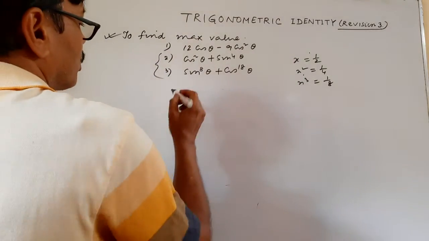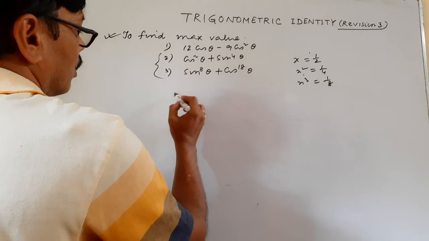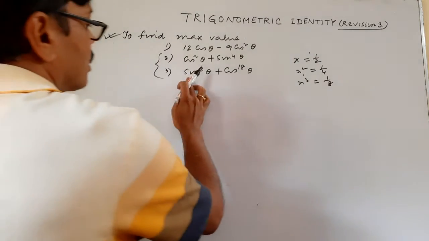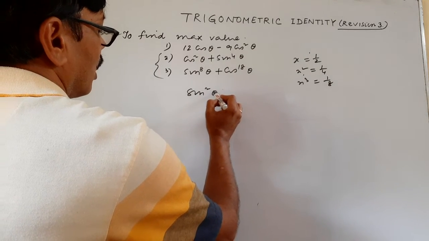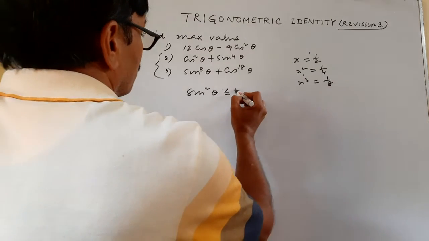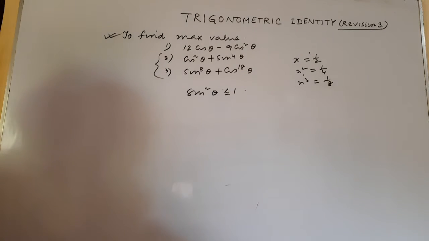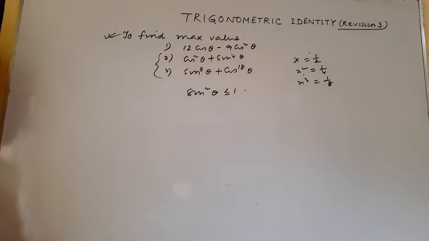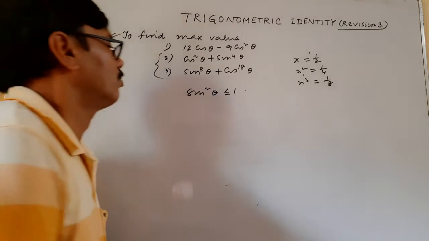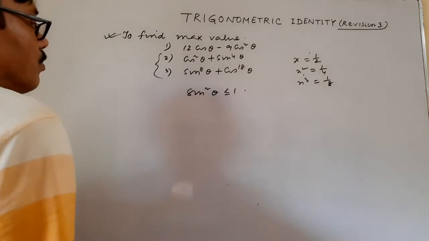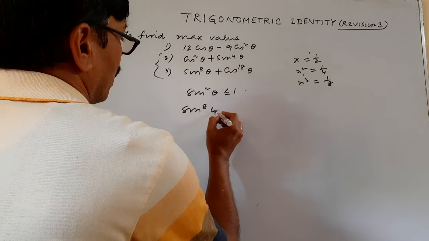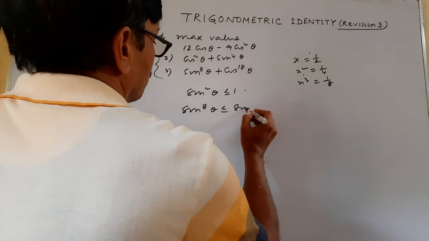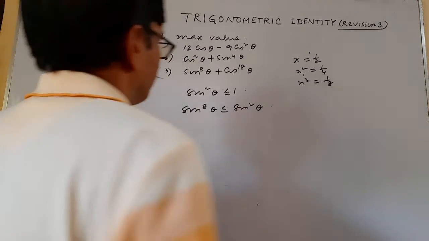Now look, suppose this is sine to the power 8 theta. We know sine square theta is less than or equal to 1. Therefore, sine to the power 8 theta is less than or equal to sine square theta.